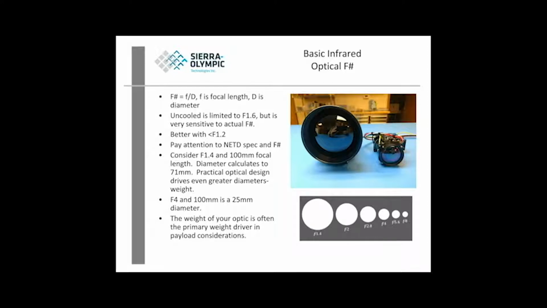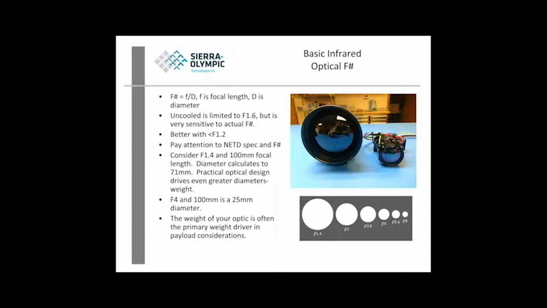Most optics are f1.2, 1.0, 1.1, 1.3. It's sometimes confusing to understand if you're getting that NETD spec off the data sheet when you buy a system that actually comes with an f1.2 lens.